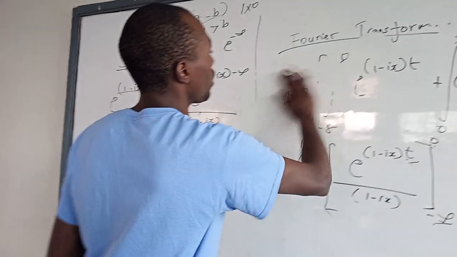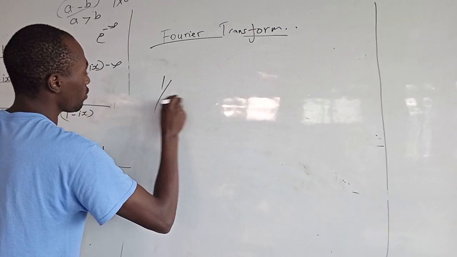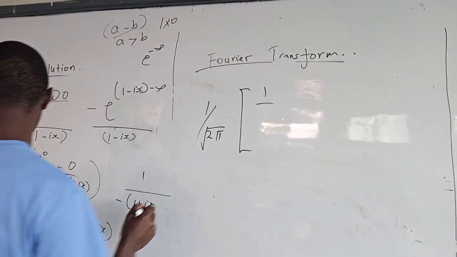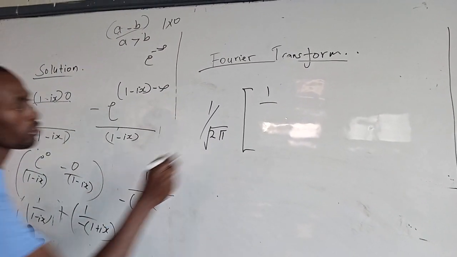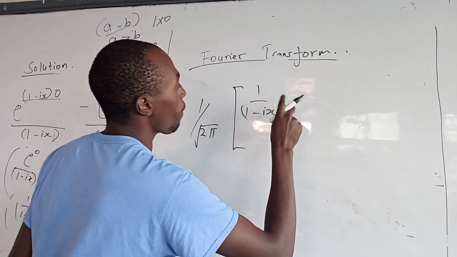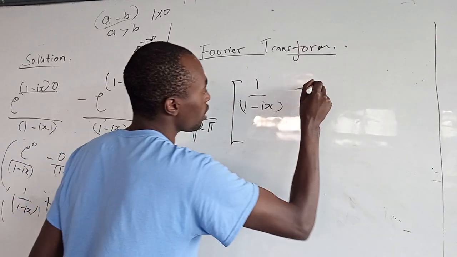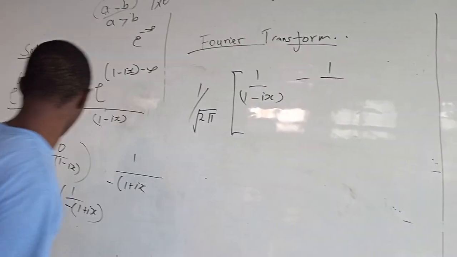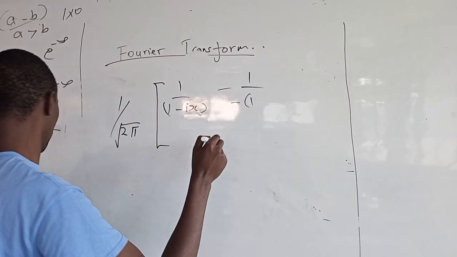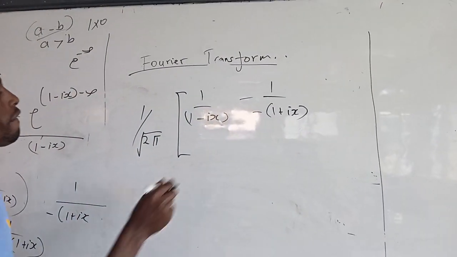Very good. It was in this form. Now we have this 1 all over this value after integration. That is 1 minus ix after integration, plus times minus is minus, so minus 1 all over ix.